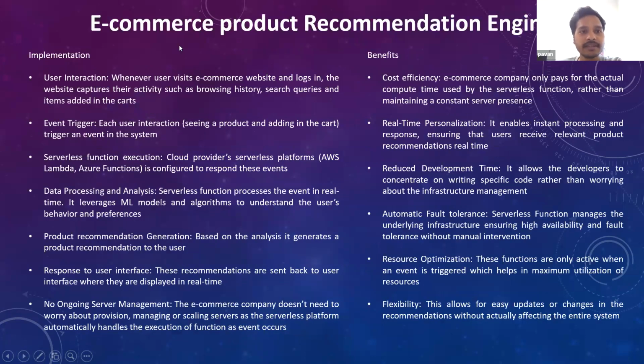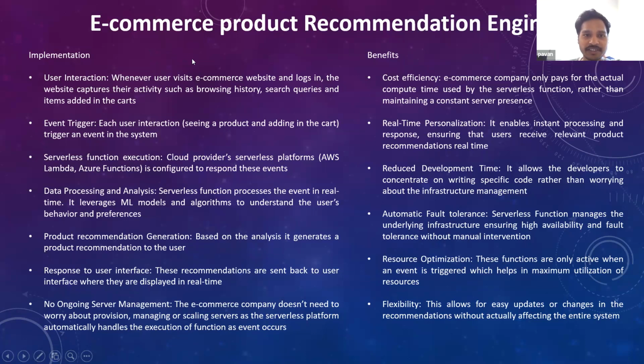And this is the e-commerce product recommendation engine. So imagine a use case: an e-commerce website wants to update their application in a way that they want to recommend their products to the users based on their preferences. For implementation, it starts with the user interaction.